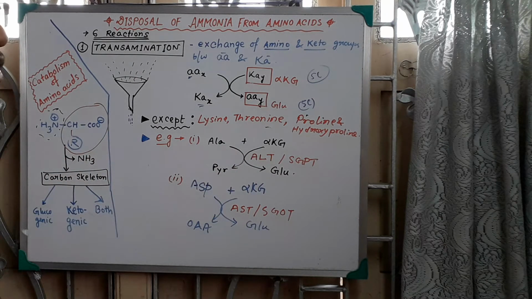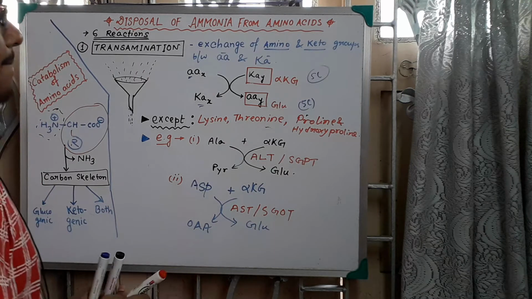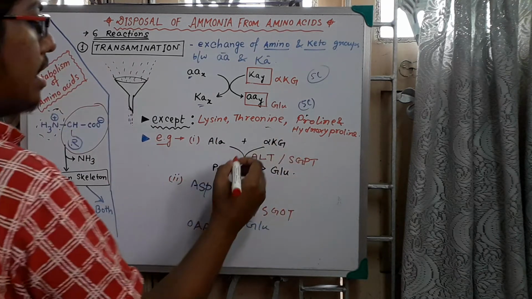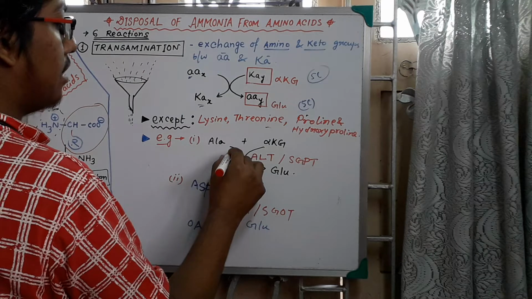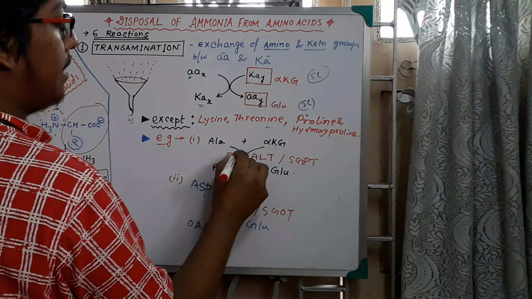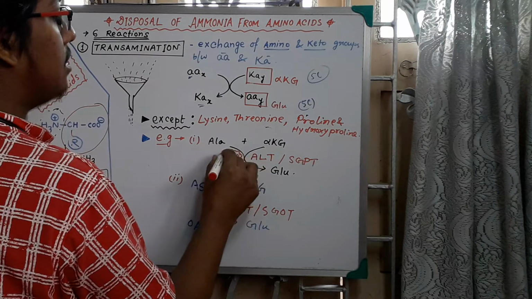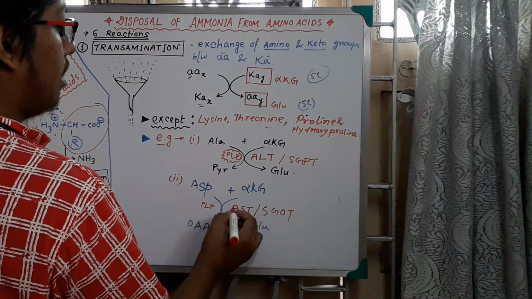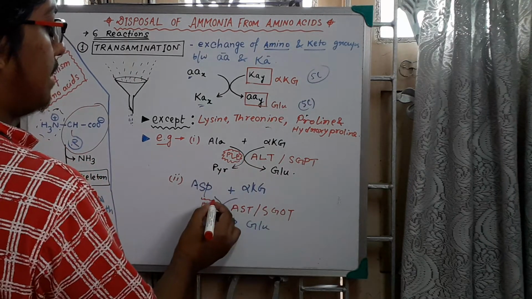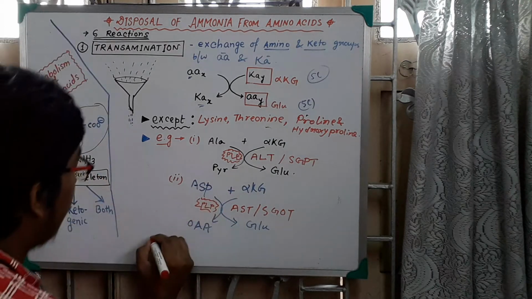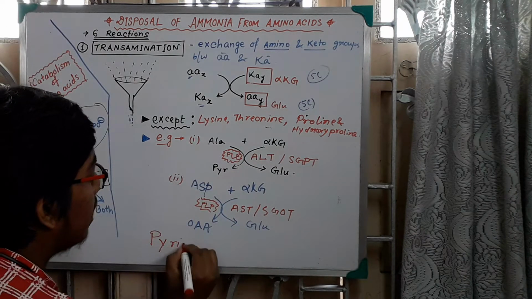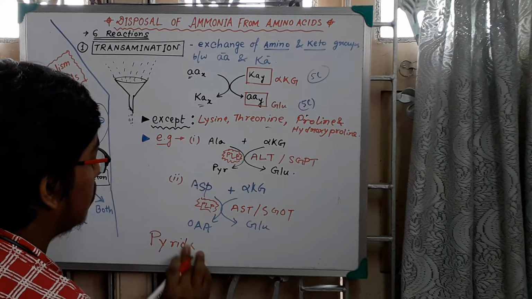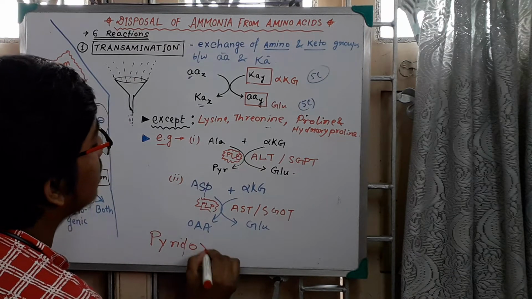The most important thing here is that an important coenzyme is present, that is PLP. All transamination reactions are carried out with this coenzyme, PLP, pyridoxal phosphate.